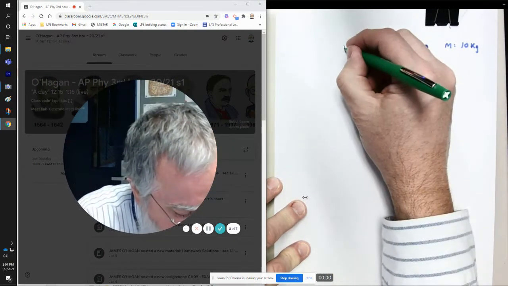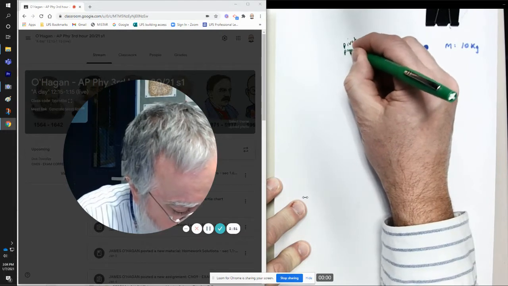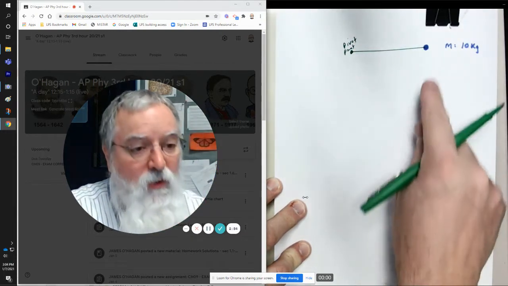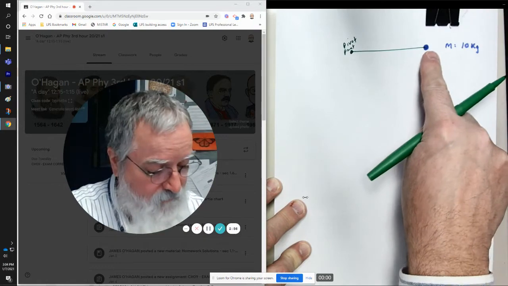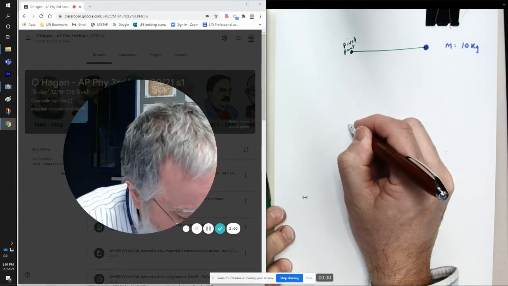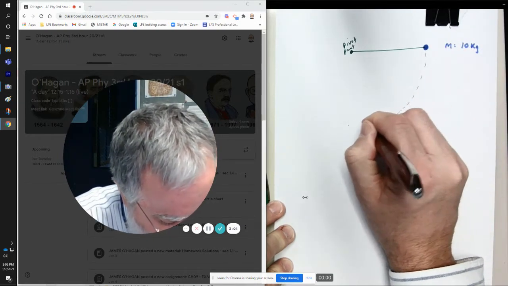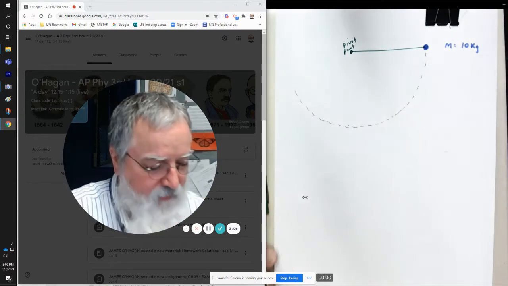This is my pivot point. We're going to let this mass go, and as soon as you let it go, it's going to follow a basically circular path and then continue up this way.